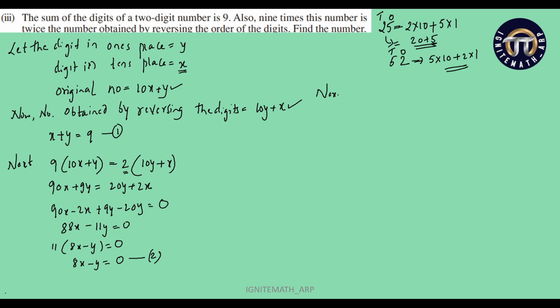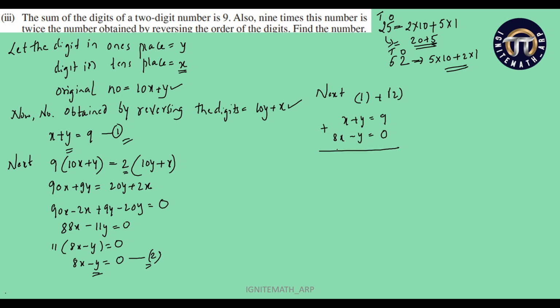Next, what I am going to do, children, observe the equations. I already have equation 1 and equation 2, and the coefficients of y are already 1, so directly I will add them. Equation 1 plus equation 2: x plus y is equal to 9, then 8x minus y is equal to 0.